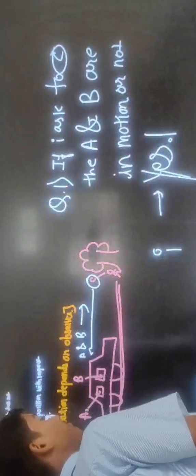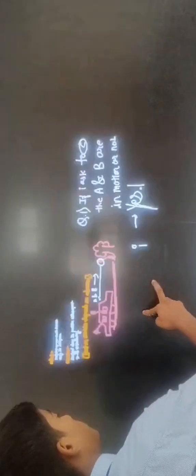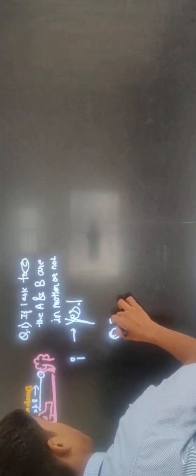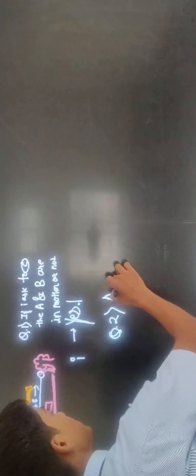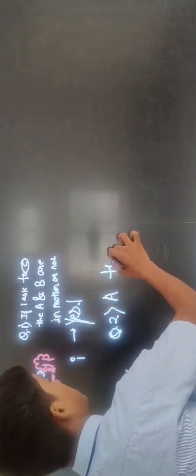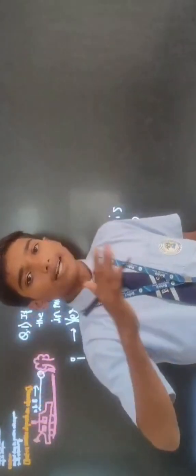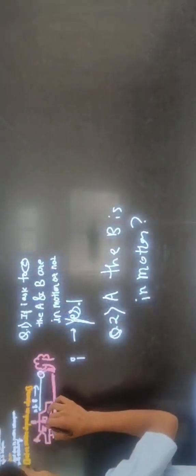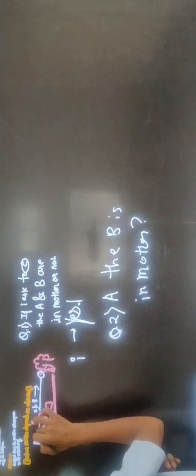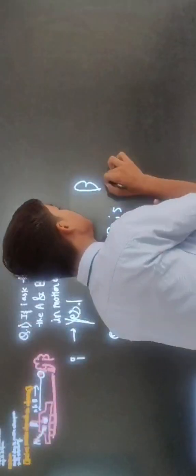Now if I ask the same thing as a second question, question number 2, to A, who is moving in the car: is B, the friend sitting next to him, in motion or not?